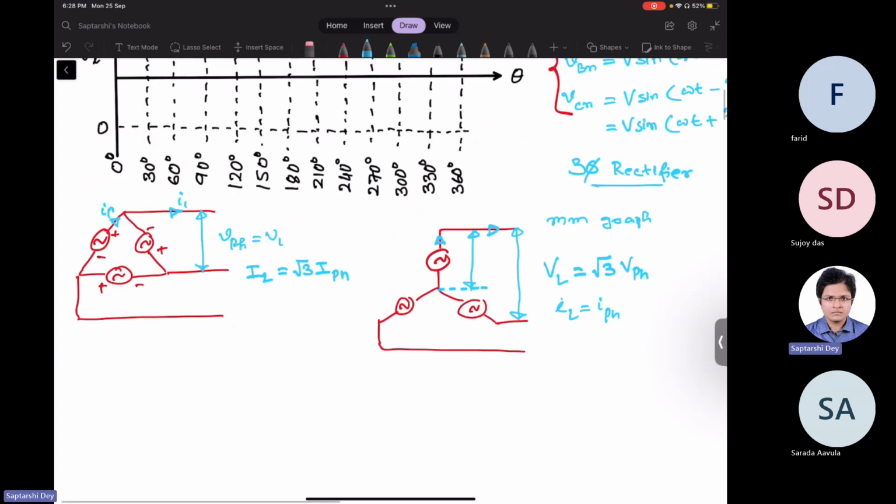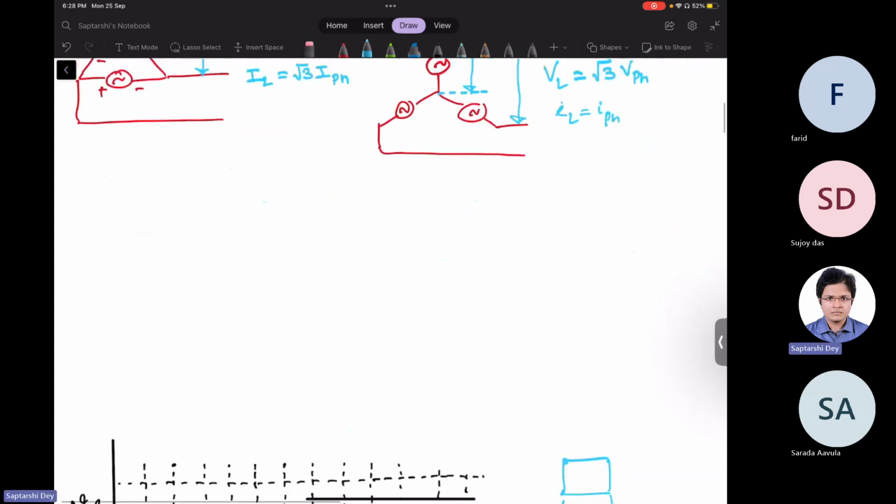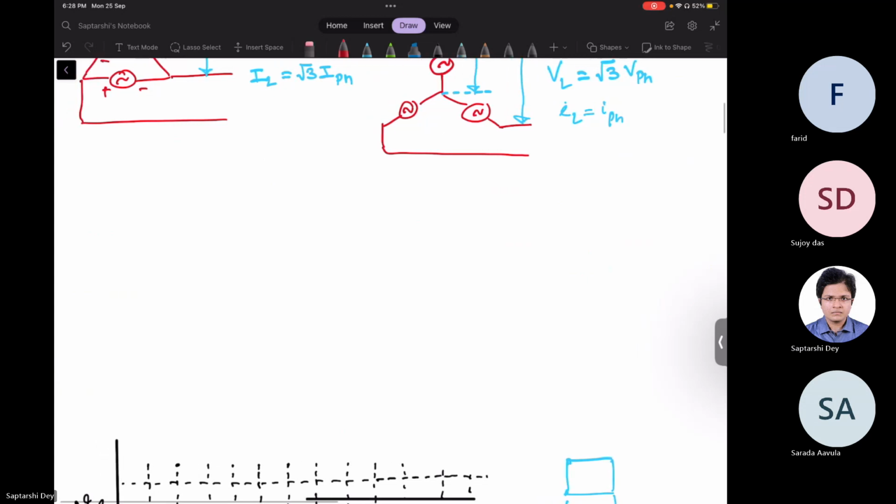So we'll draw the phase voltages first, as phasors. It's difficult to draw. Let's see.